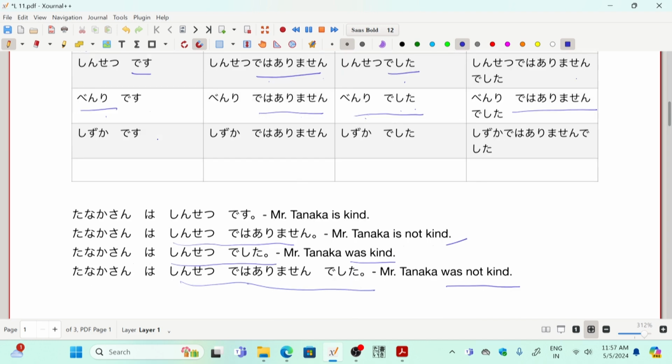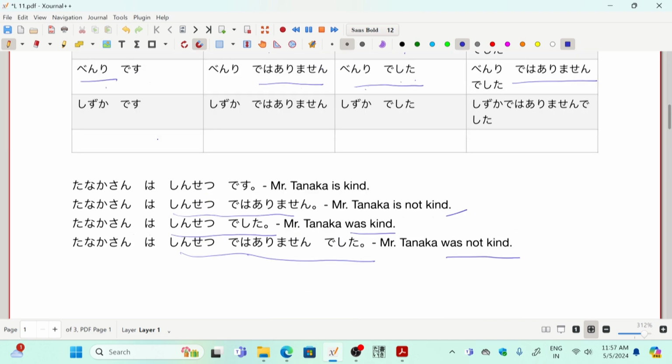So if I want to say this chair is convenient, kono isu wa benri desu. Negative will be kono isu wa benri ja arimasen.